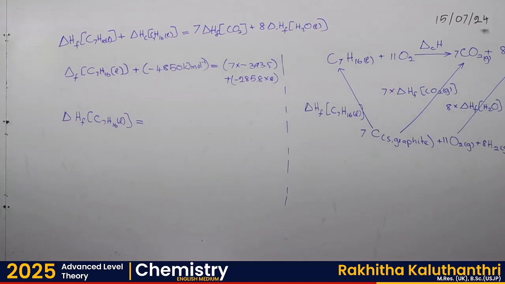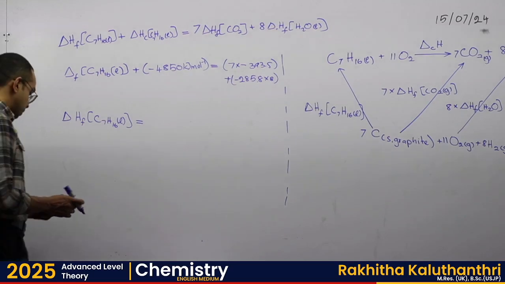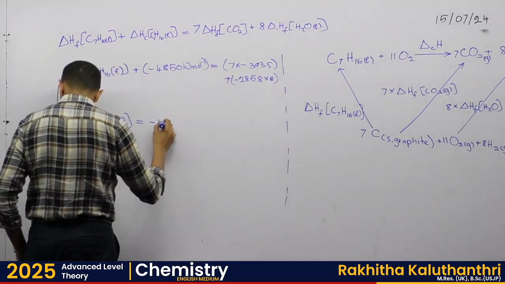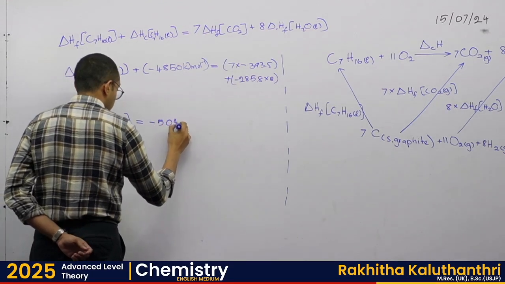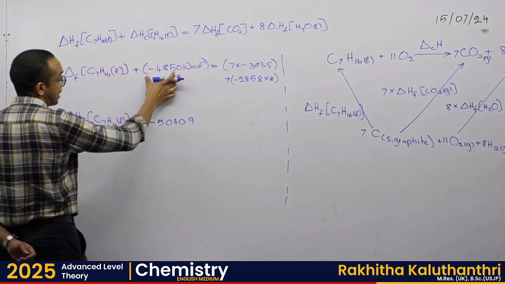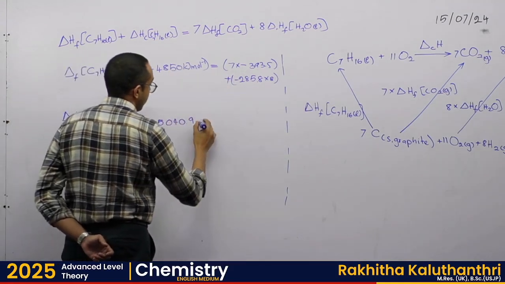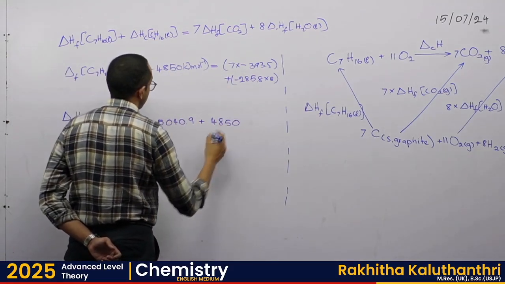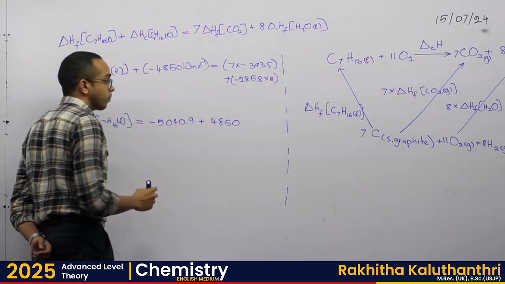285.8 multiplied by 8. So the answer happens to be, for these ones, minus 5040.9, and there was this minus value, we send it to the other side, then it becomes plus 4850 kilojoules per mole.